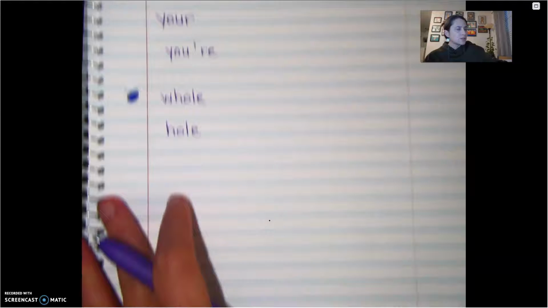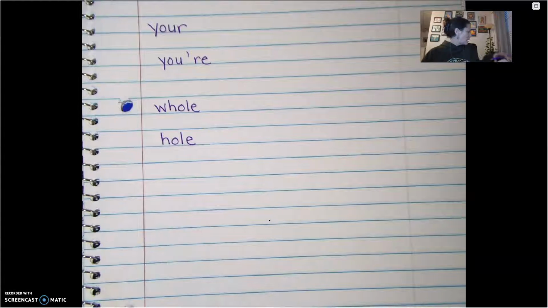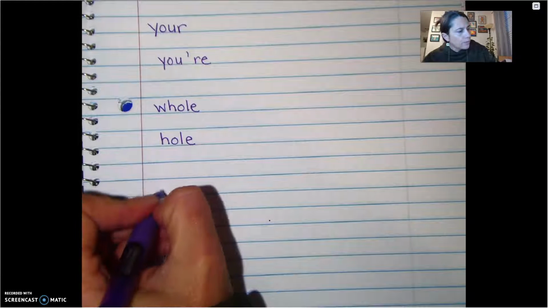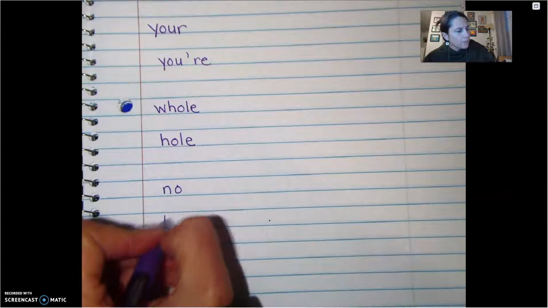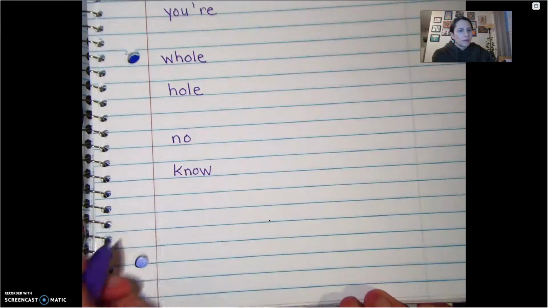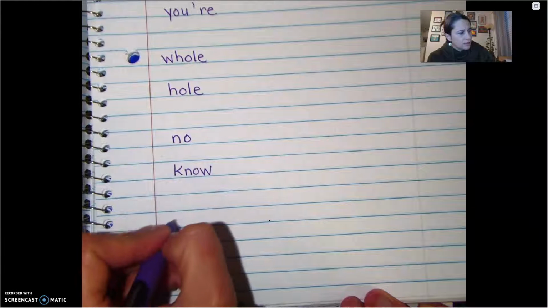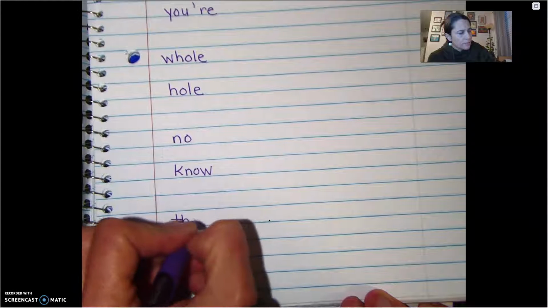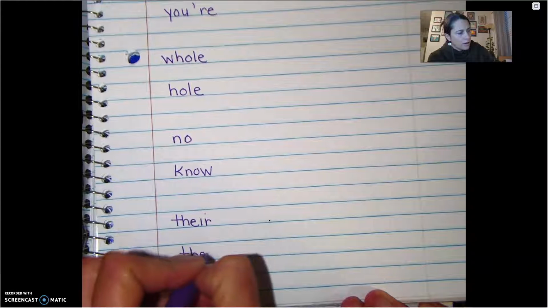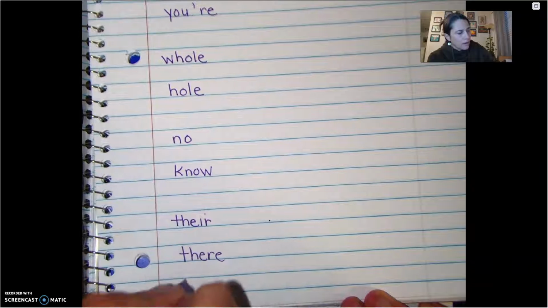And then we are going to do, sorry friends, I want to make sure I give you the right one. No, and no. And then the one that really gets everybody is there, there, and there.